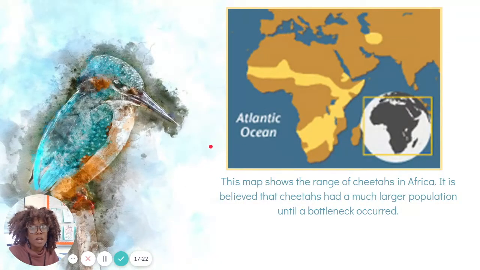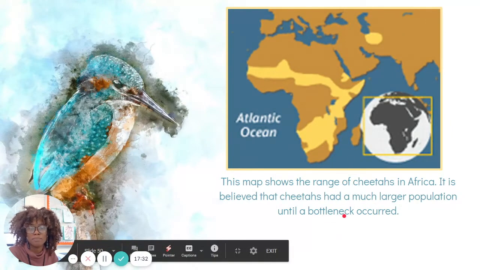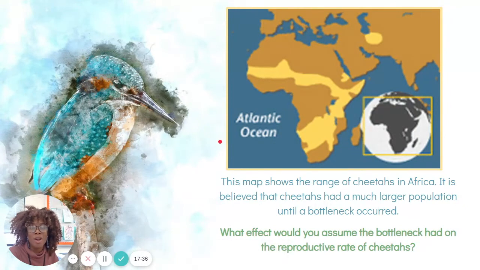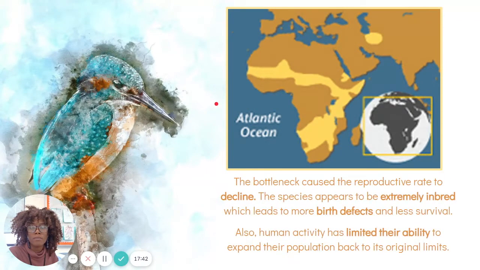Okay, so this map right here is showing the range of cheetahs in Africa. It is believed that cheetahs had a much larger population until a bottleneck event occurred. What effect would you assume the bottleneck had on the reproductive rate of cheetahs? Exactly.